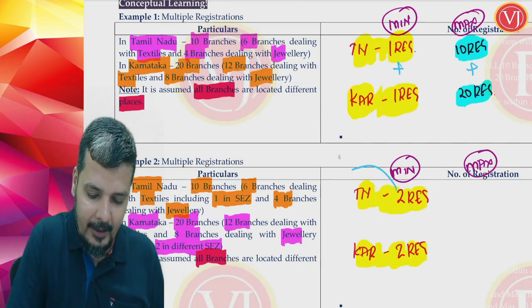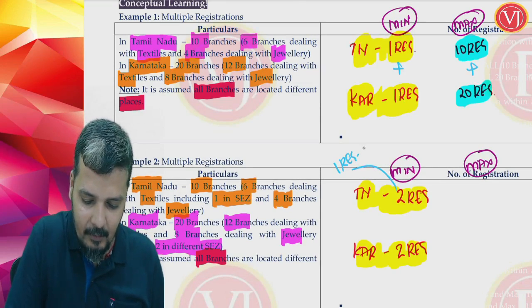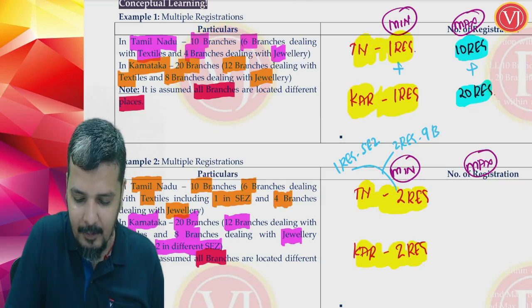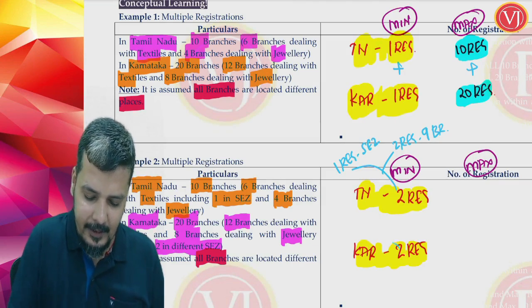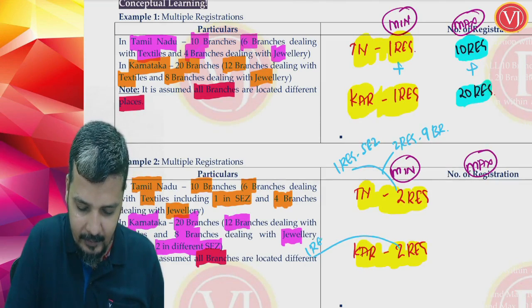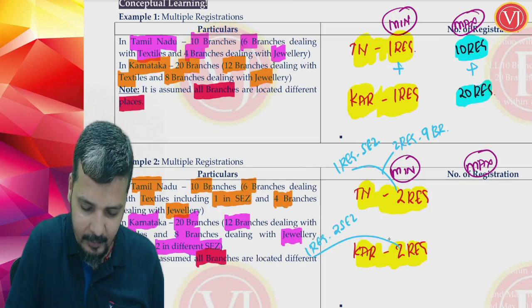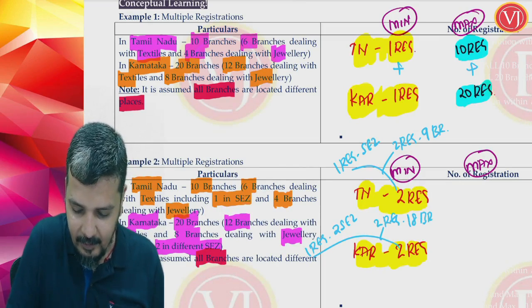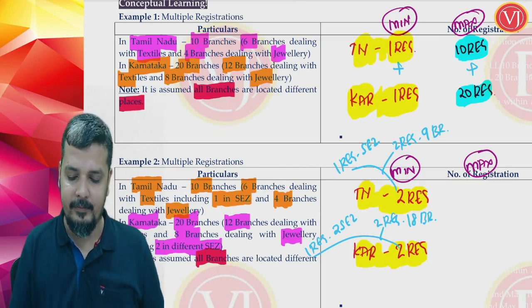In Tamil Nadu, I'll take 1 registration for that special economic zone and the 2nd registration for the 9 other branches. In Karnataka, I'll take 1 registration for those 2 special economic zone units, and the 2nd registration will be for the balance 18 branches.